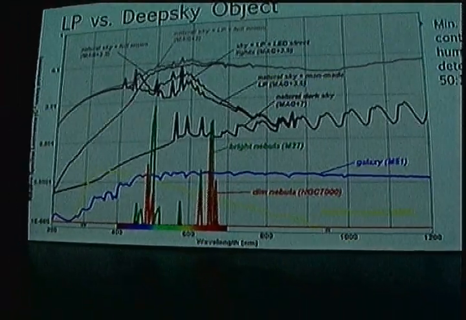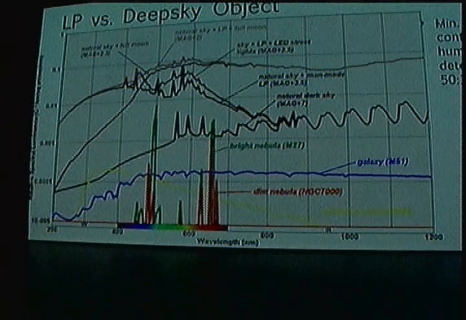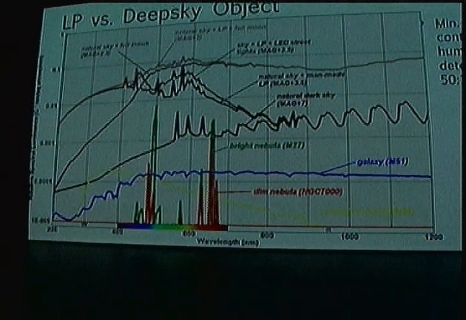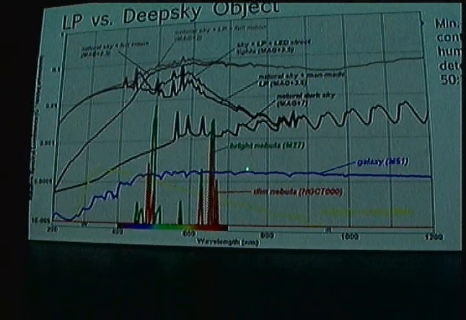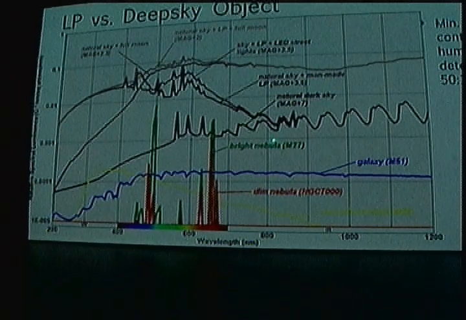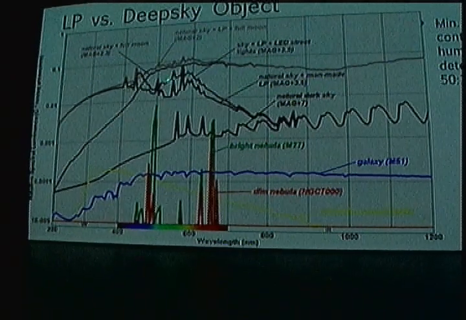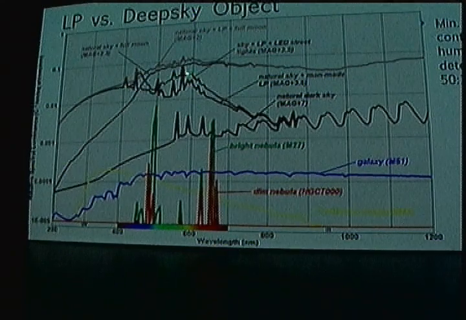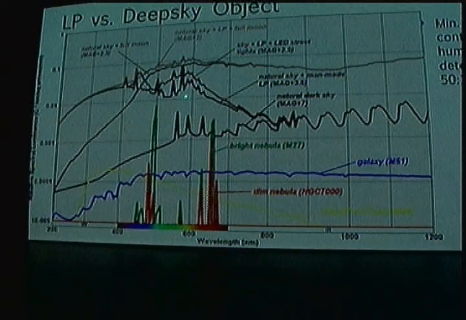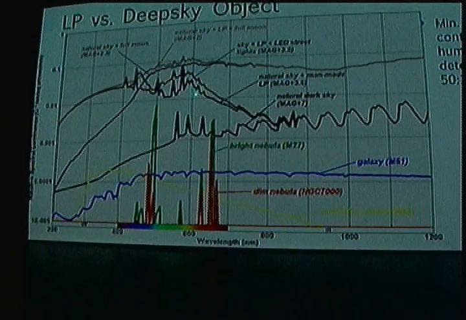So it meets this criterion of detection. You could probably see M51 quite well in the dark sky. Now, if you're trying to do that from, say, my backyard in Ottawa right now, because of the local LED lights, the sky is more than 10 times brighter.